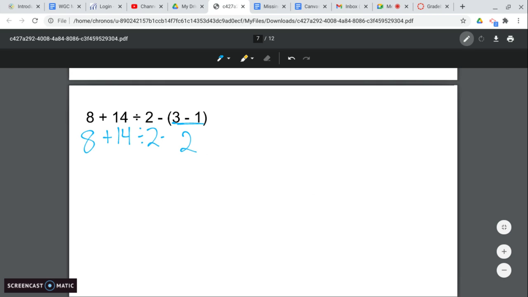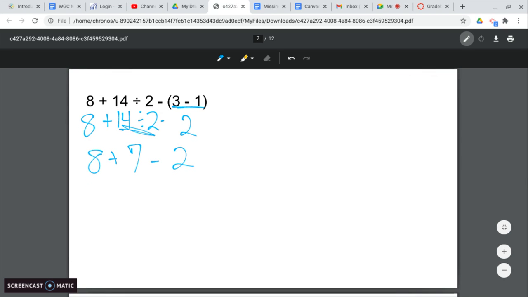What about division or multiplication? Yes, we have 14 divided by 2 right here. So we have 8 plus 7 minus 2. Next, we do adding and subtracting from left to right. 8 plus 7 is 15 minus 2. 15 minus 2 is 13.